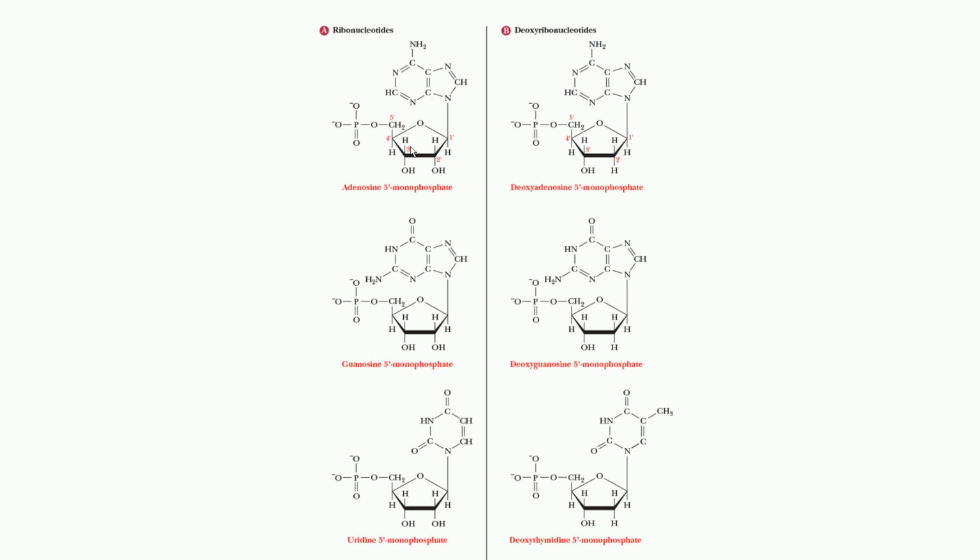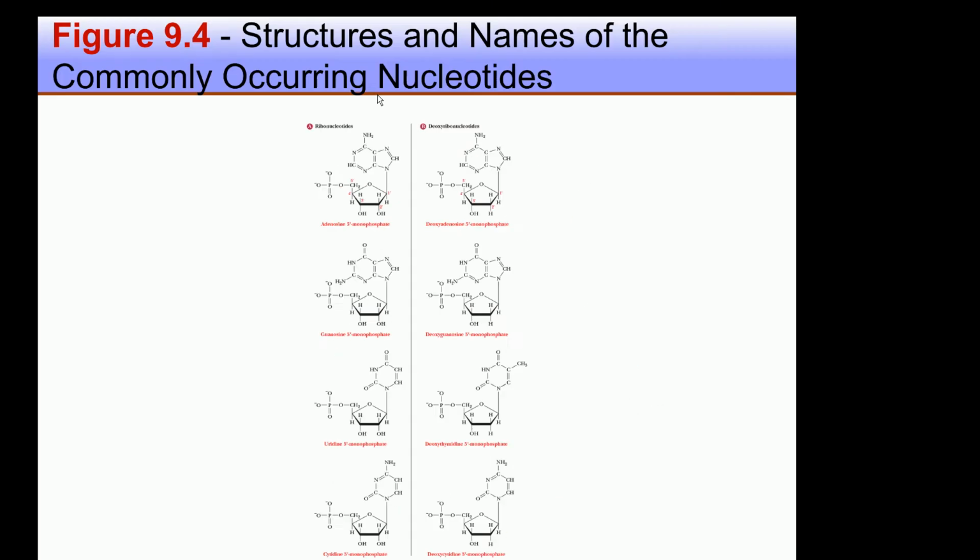And the sugar which is present in DNA is called deoxyribose sugar. That is why DNA is called deoxyribonucleic acid and RNA is called ribonucleic acid, on the basis of the kind of carbons they have in them. Okay, so this is the basic structure of nucleotide I wanted to show you.